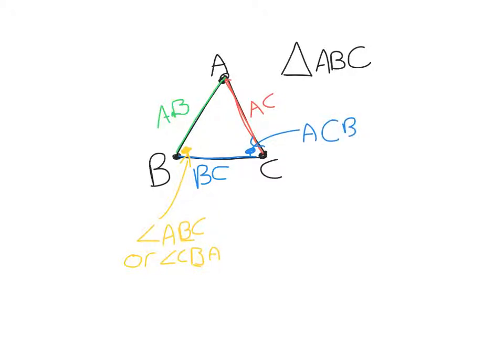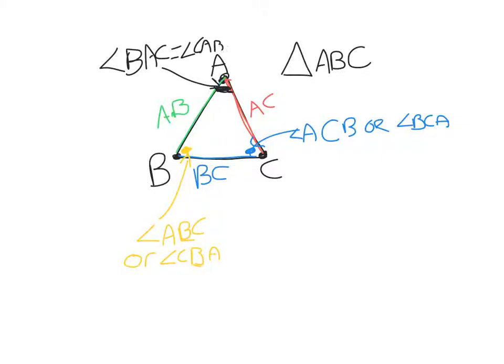So I'm going to call it angle ABC or angle BCA. It doesn't matter which one. And then this one here, of course, that happens the angle at A. So I'm going to call it BAC. A goes in the middle. Or I can call it angle CAB. All means the same thing.